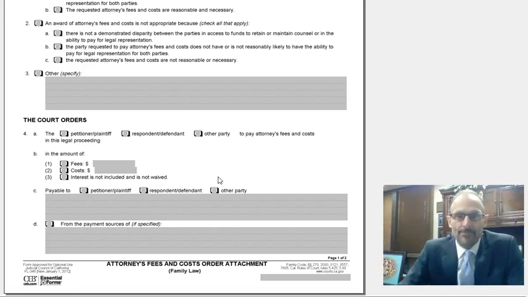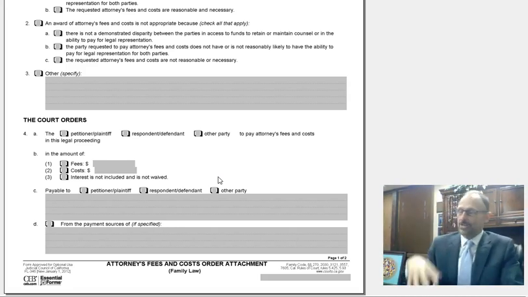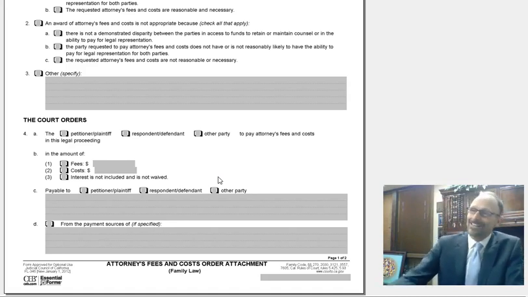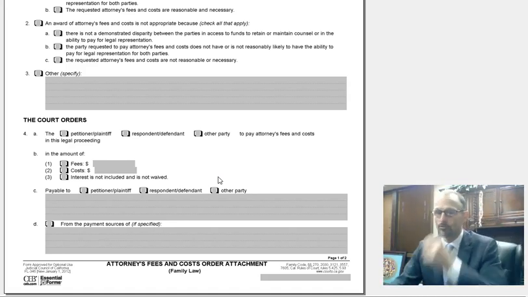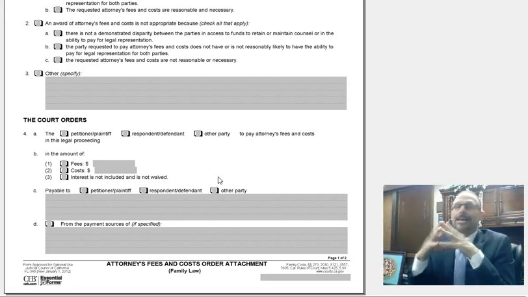D says from the payment source of. Now this is huge. This is key. You're not likely to get an award of attorney's fees unless you can prove that there is a source of funds. And I mean a source of cash.